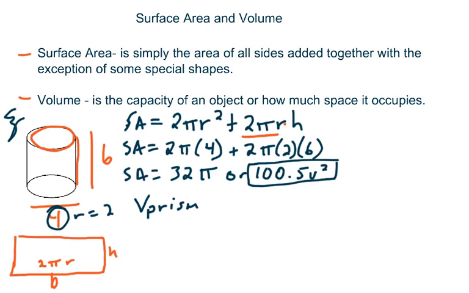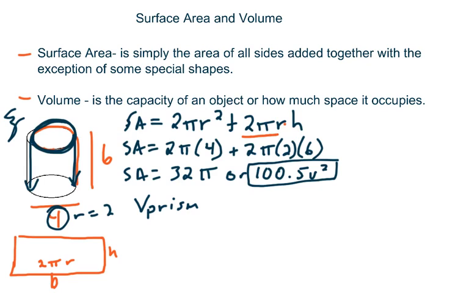So this is a prism, and a prism by definition is just that the one shape, in this case our circle that we already outlined, goes throughout the object. It follows that same circle right through to the other side. It doesn't change size, nothing. So that's what makes it a prism. If it was a pyramid, that circle would get smaller and smaller until it got to a point, and that would become the pyramid.